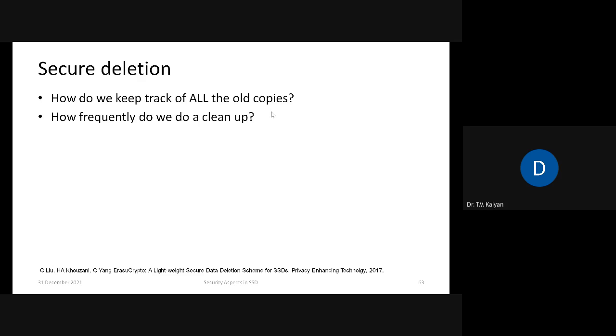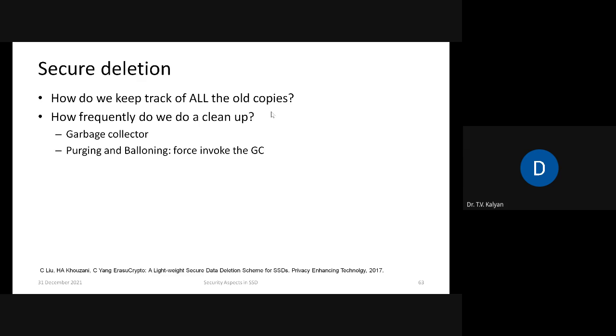Now, if the remnants of our data are still remaining and the garbage collector did not kick in, the attacker can try to access these invalid pages and retrieve some of the data of the file that we actually deleted.